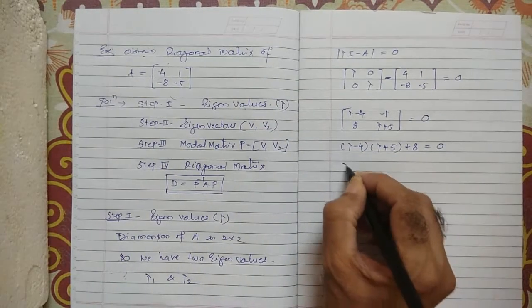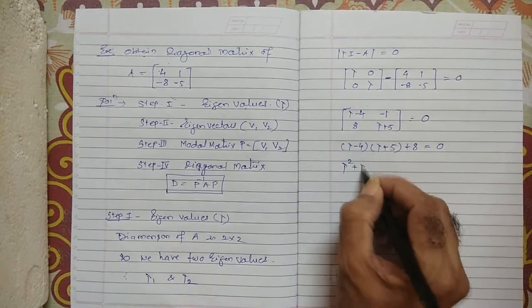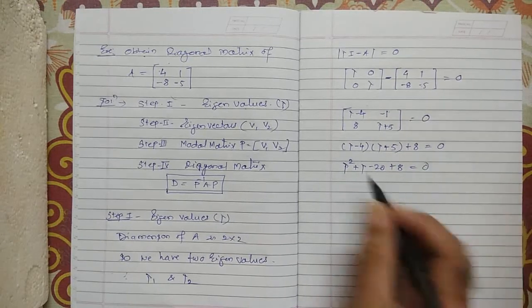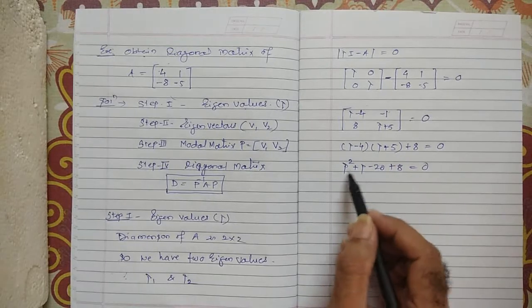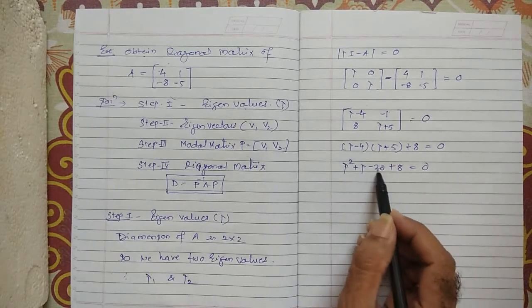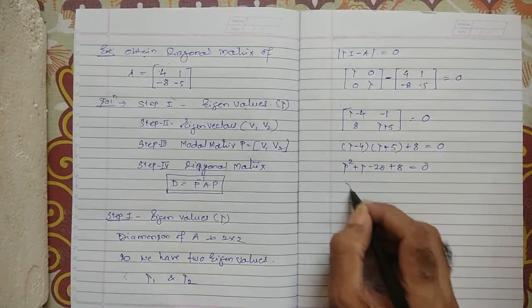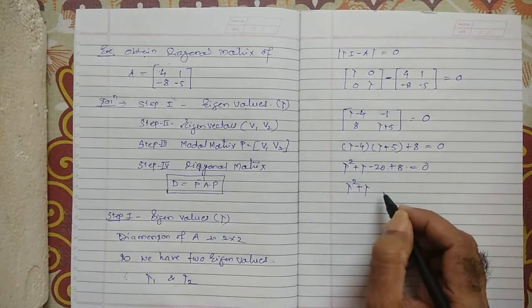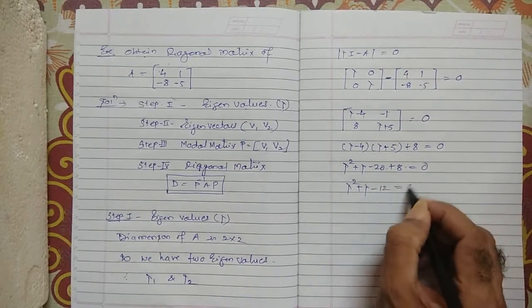So this becomes lambda square plus lambda minus 20 plus 8, equals 0. Minus 20 plus 8 is minus 12.